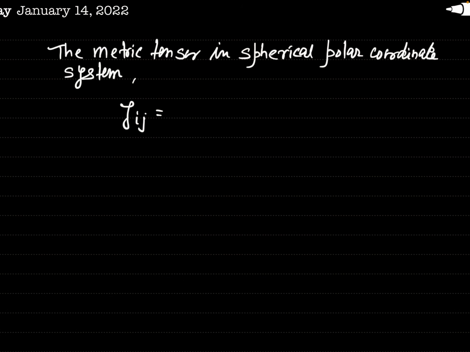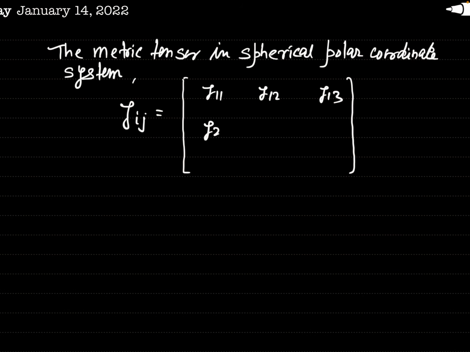So Gij are the components of a metric tensor in three-dimensional space in a spherical polar coordinate system. We will write its components like this: G11, G12, G13. In matrix form I am writing this.